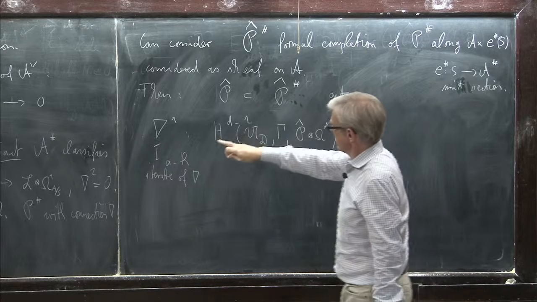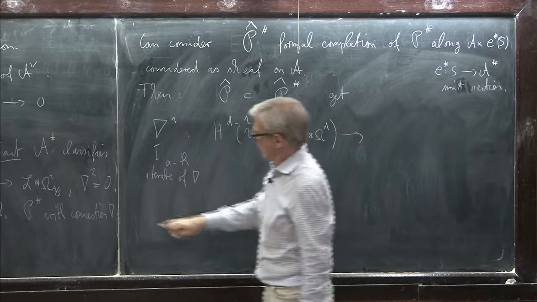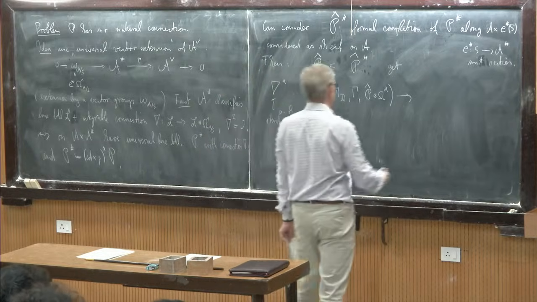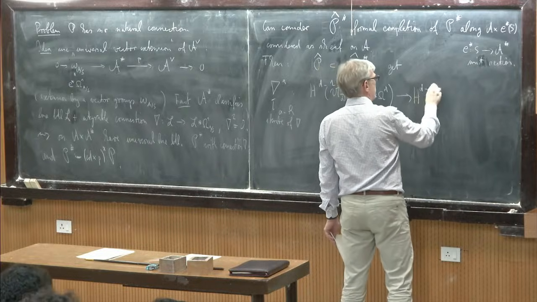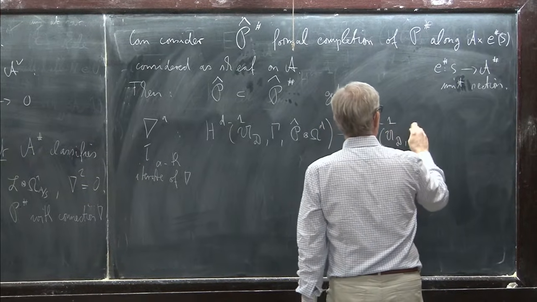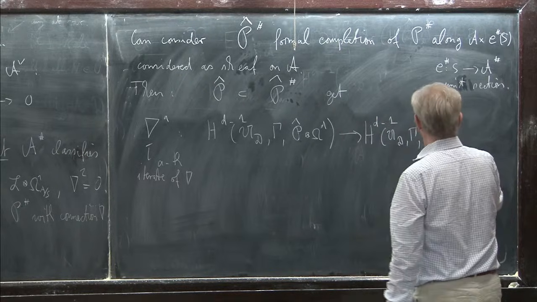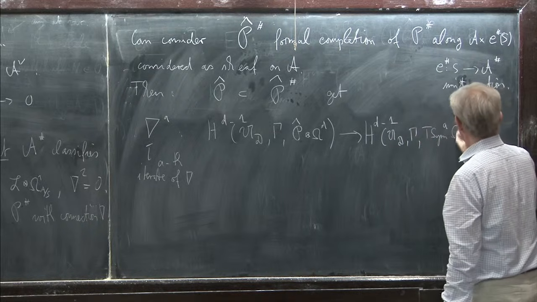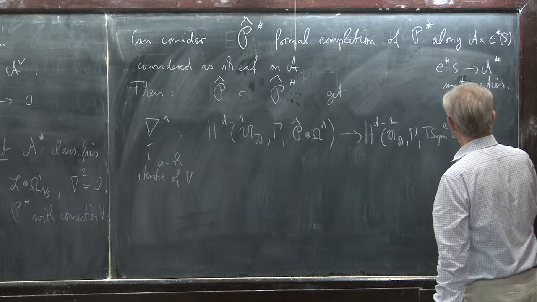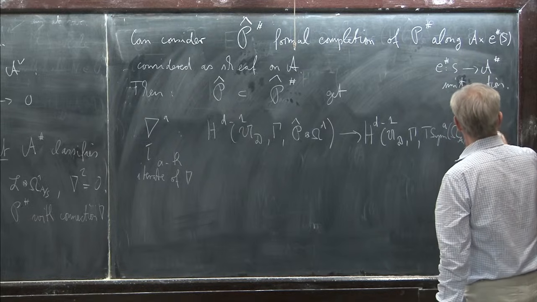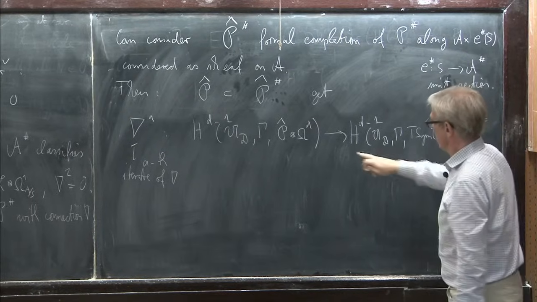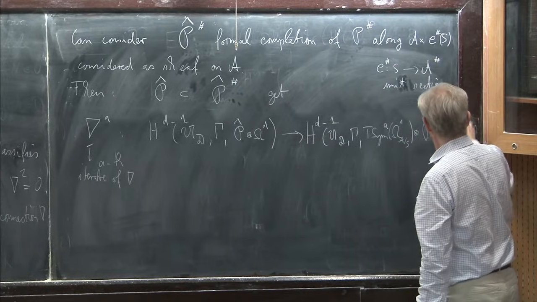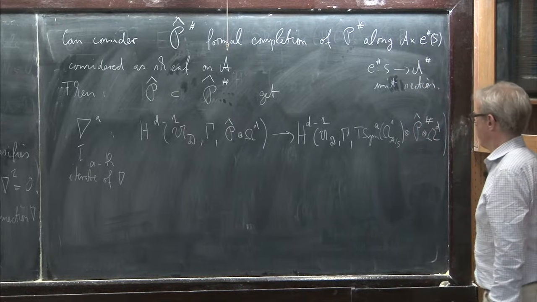And when we do this 8 times, then we no longer land in omega 1 of A over S, but in the tensor symmetric power of it. So we go into H D minus 1 U D gamma, and then we will have the 8th tensor symmetric power of omega 1 A over S tensor P hat sharp, because we had to extend coefficients to this. And then we also have the omega D as before.